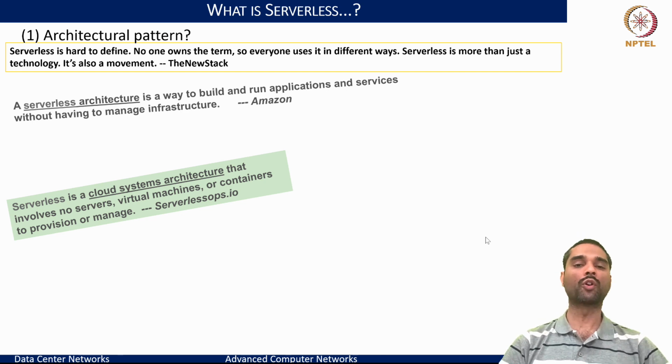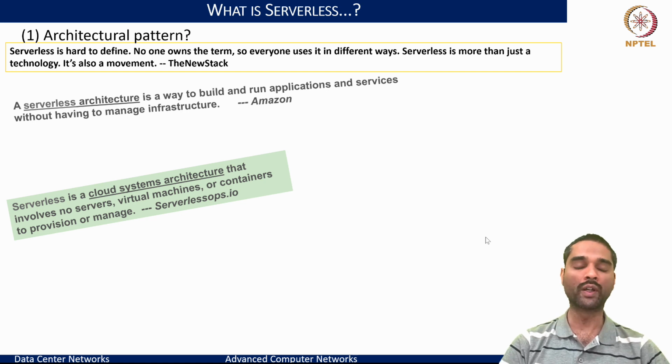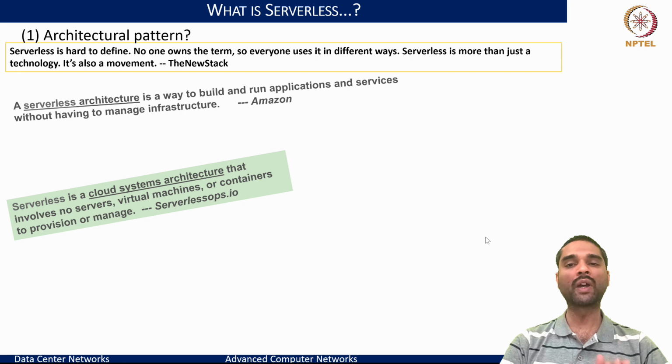Likewise, serverless ops.io defined this as a cloud systems architecture, to say that you are trying to build an architecture that involves no servers, VMs, or containers that you need to provision or manage. Again, if you see the context, both try to mean what machines or aspects you would manage on cloud. In essence, the serverless architecture is to say that you just build and manage your applications and manage none of the infrastructure.